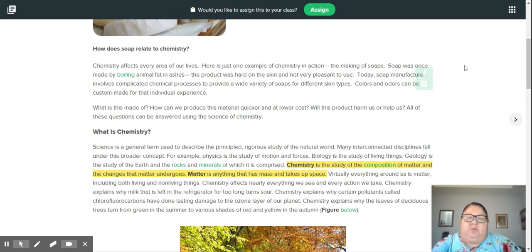Soap was once made by boiling animal fat and ashes. The product was hard on the skin and not very pleasant to use. Today, soap manufacturers use complicated chemical processes to provide a wide variety of soaps for different skin types. Colors and odors can be custom made for that individual experience.